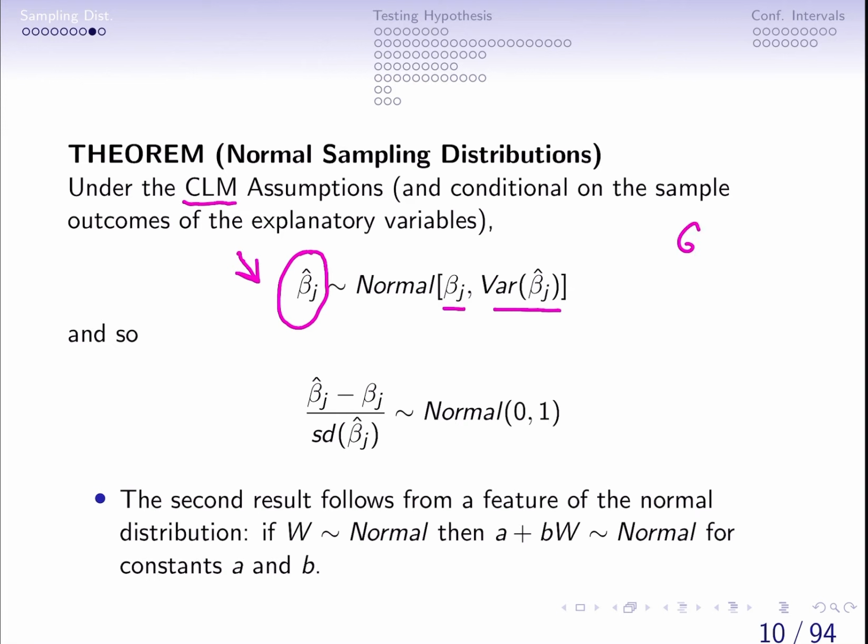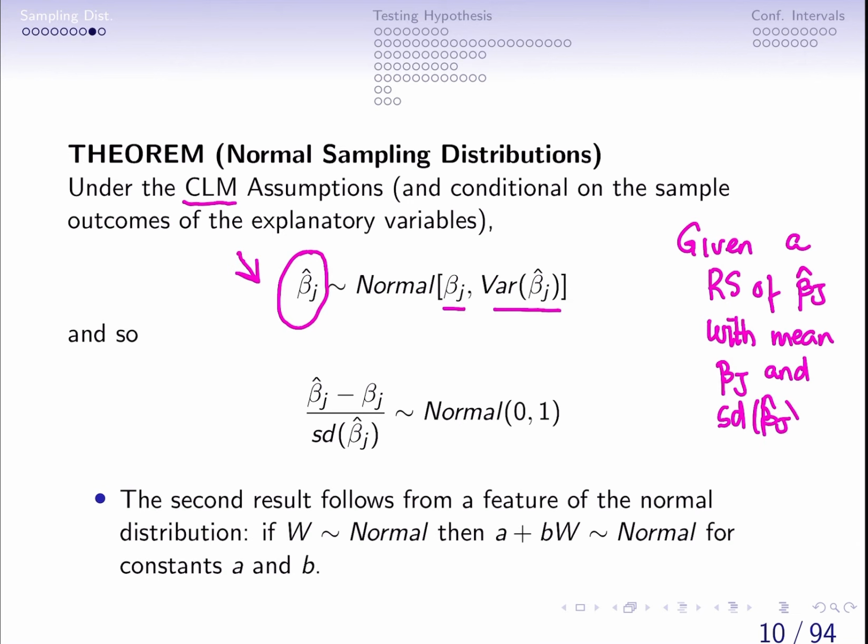given a random sample of beta hat j's with mean beta j and standard deviation of beta hat j, we can construct a variable like this, which has an asymptotic standard normal distribution with 0 mean and variance 1, or standard deviation 1.